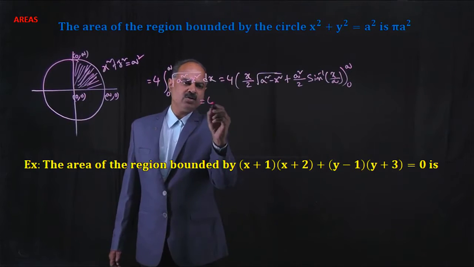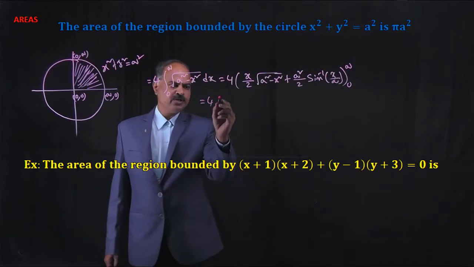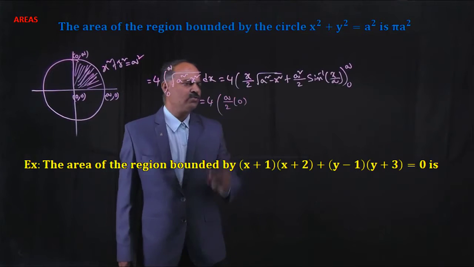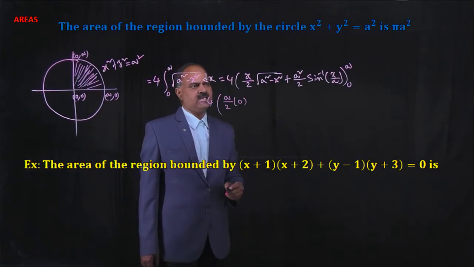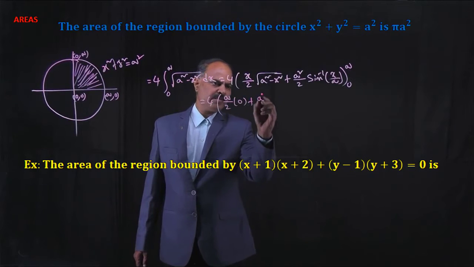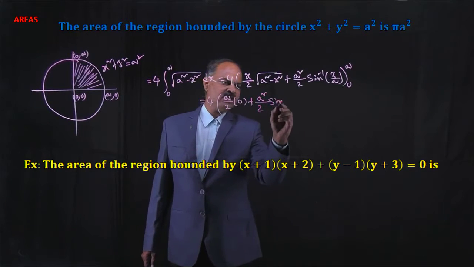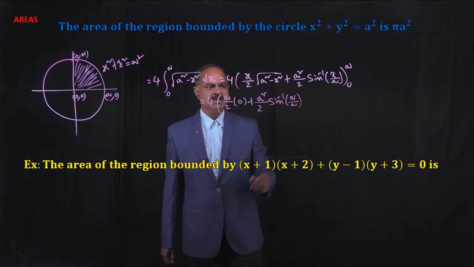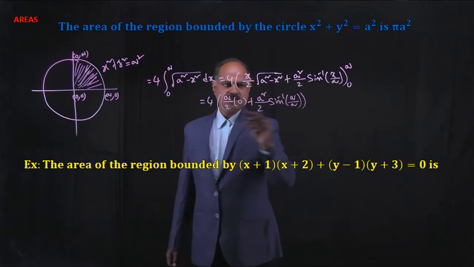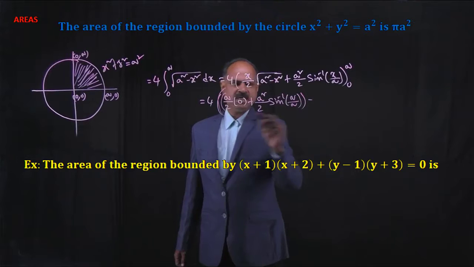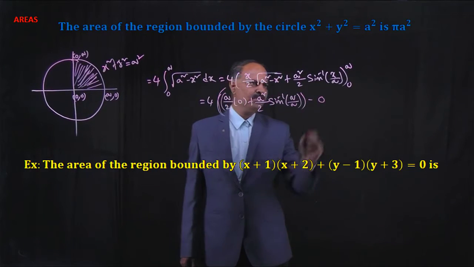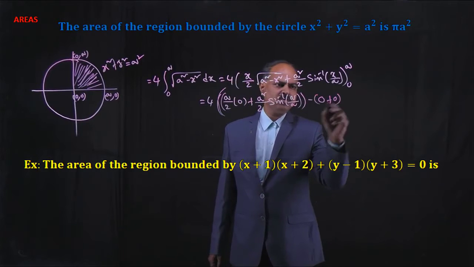Now this is equal to 4 into, substituting the upper limit in place of x, a by 2 into the square root of a square minus a square, that is 0, plus a square by 2 into sine inverse a by a, minus, substituting the lower limit in place of x, that is 0, plus a square by 2 into sine inverse 0, that is equal to 0.